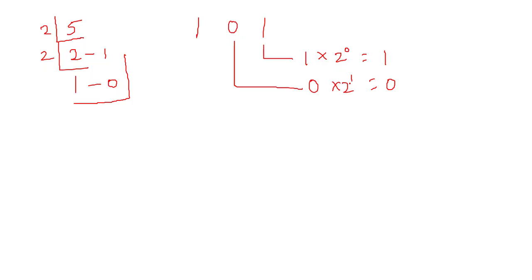Next I take the digit 1, so 1 into 2 power 2. 2 power 2 is 4, and 4 into 1 is 4. Now I sum all the terms: 1 plus 4 is 5. So we have got the decimal value of the binary representation. This is the logic to convert a binary number into a decimal number and a decimal number into a binary number.